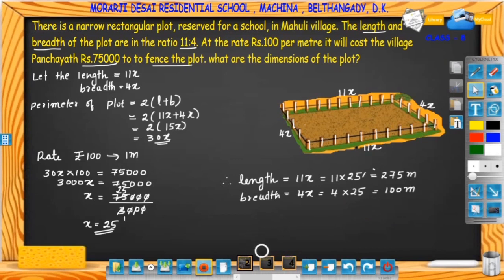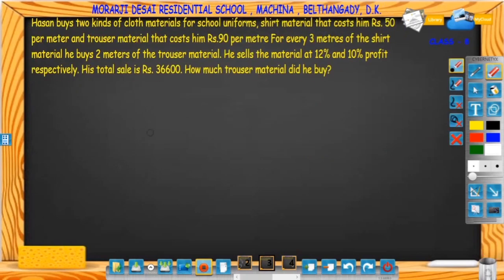Now, let us solve the next problem. Understand this question. See here, Hassan buys two kinds of cloth materials for school uniforms. Shirt material that costs him rupees 50 per meter and trouser material that costs him rupees 90 per meter.